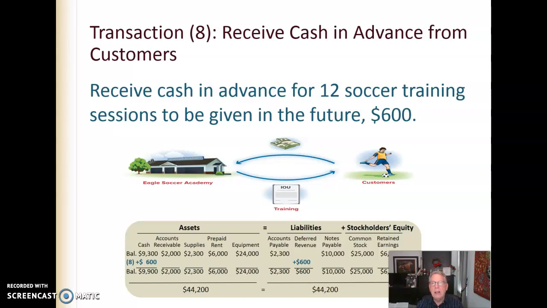This is a liability, because we have not yet earned that revenue. On the income statement, we only show revenue when it's earned, and for that matter, expenses when they are incurred. So, in this case, cash is going up, deferred or unearned revenue is going up as well.